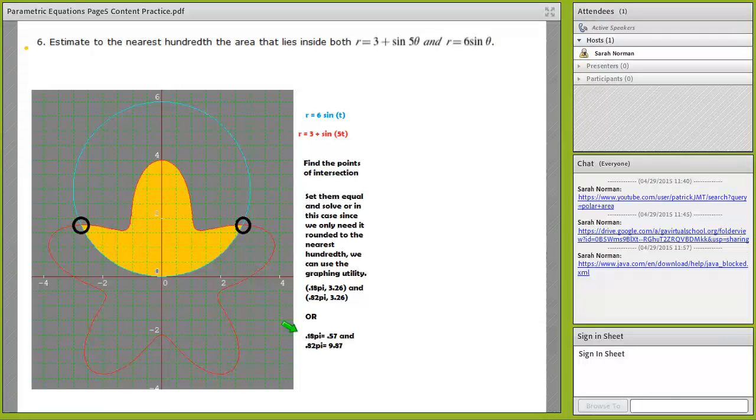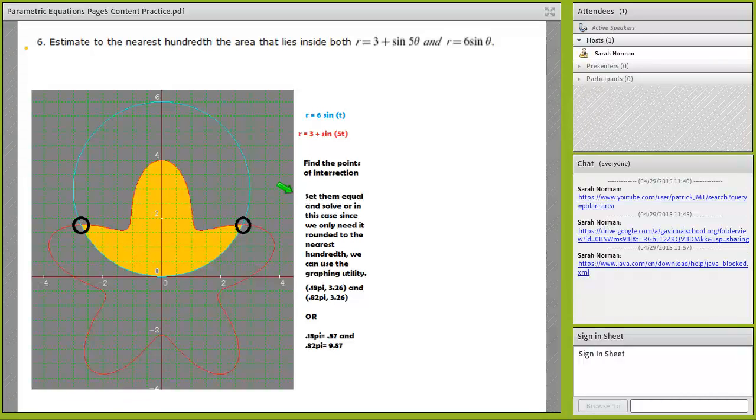Because we were just asked to find the nearest hundredth, I just went ahead and did 0.18 pi equals 0.57 and 0.82 pi equals 9.87. If you did solve these by setting them equal to each other, you could find it without rounding to the nearest hundredth if you had to.